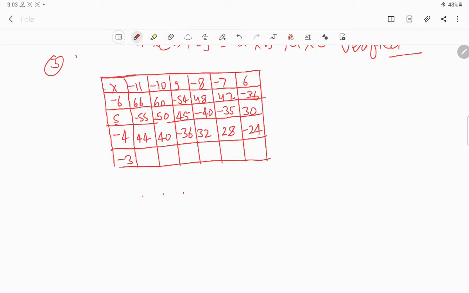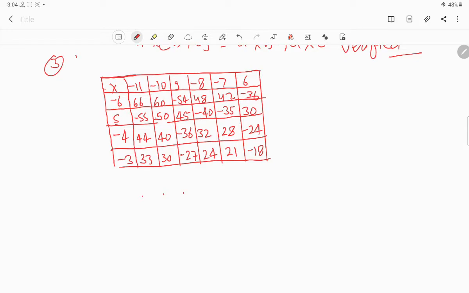Now take 3 and multiply with the same numbers: plus 33, plus 30, plus 27, plus 24, plus 21, plus 18. This way you can fill all the blanks here.